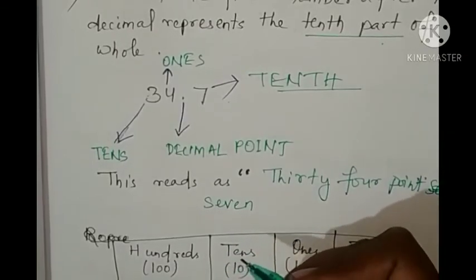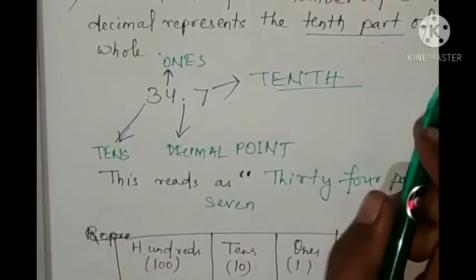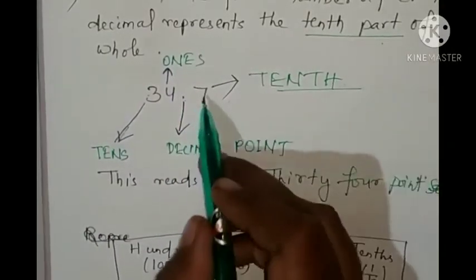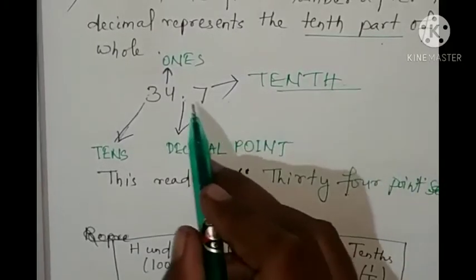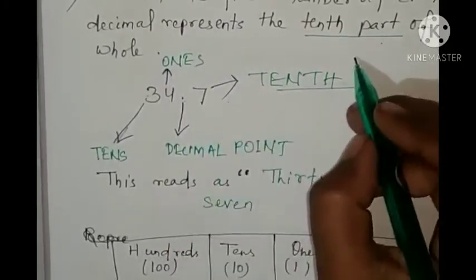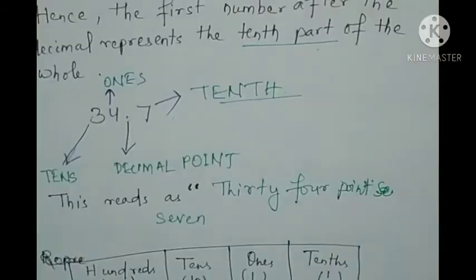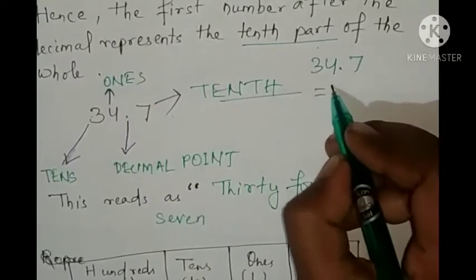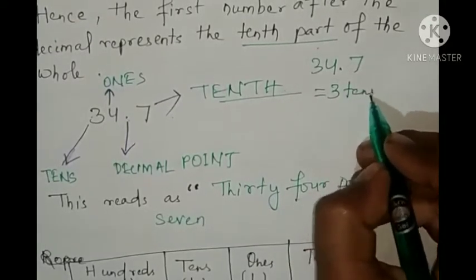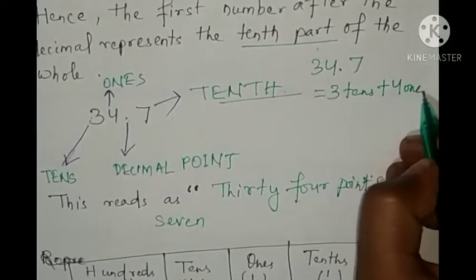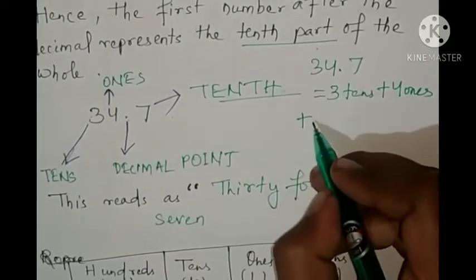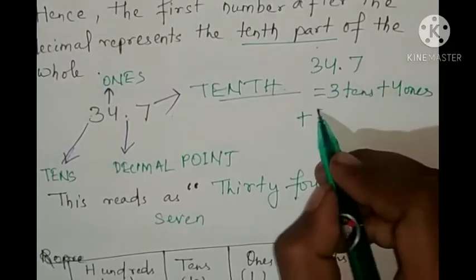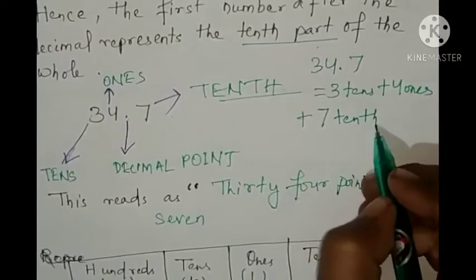Okay, so like this we will read the decimal number. After the point, the first place is the tenth place, which means 7 is in the tenth place. So we can write 34.7 equal to 3 tens plus 4 ones plus 7 tenths.